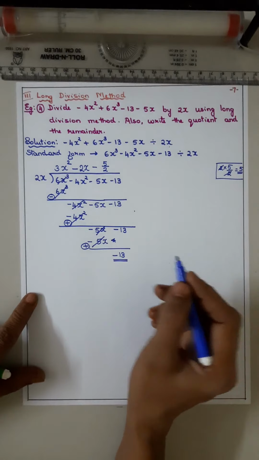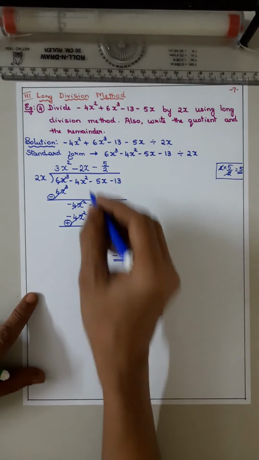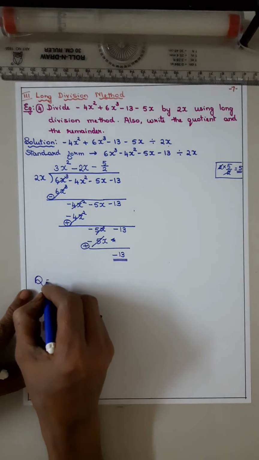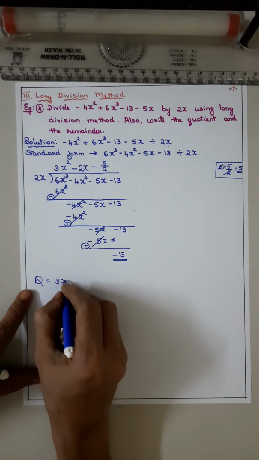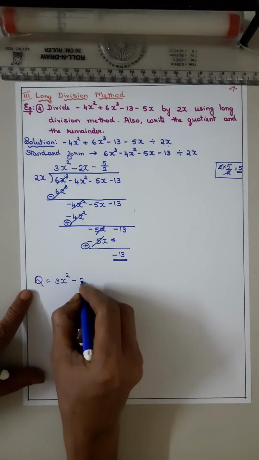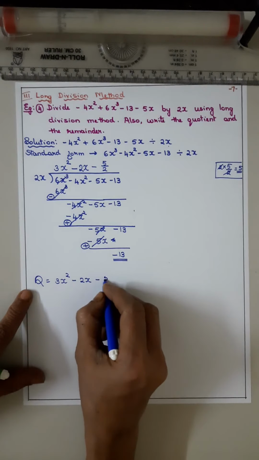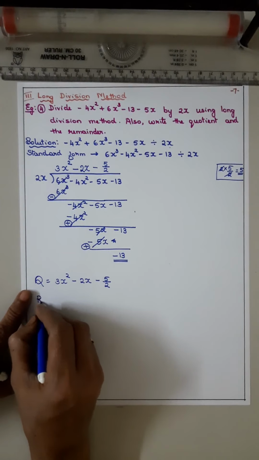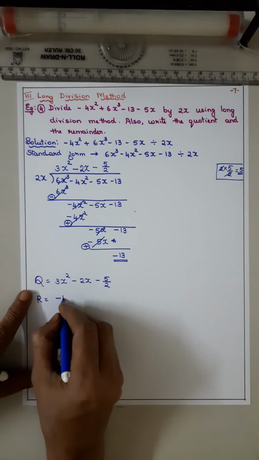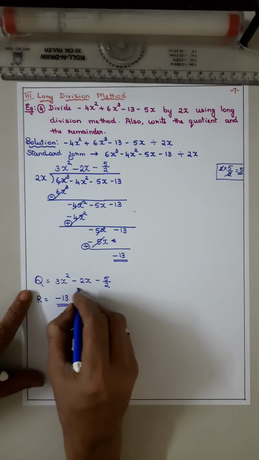Now it is a quotient. What quotient did you get? Whatever came on top, that is the quotient: 3x squared minus 2x minus 5 by 2. A remainder is whatever remains, that is minus 13.